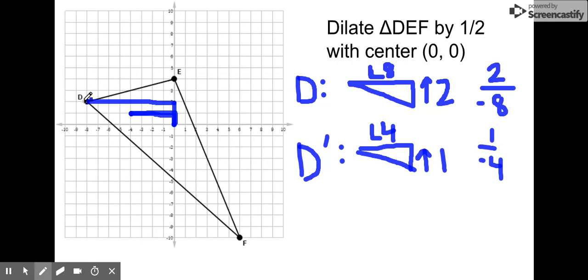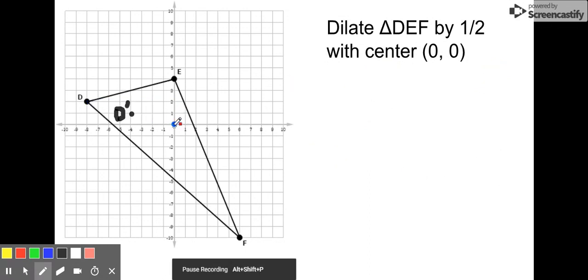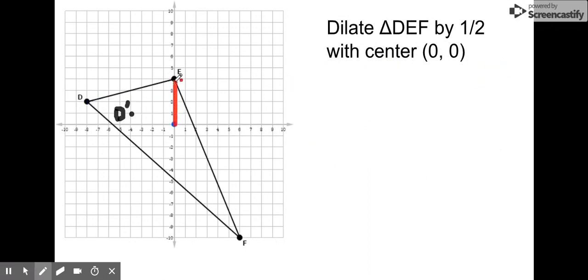Let's use a similar strategy for figuring out the coordinates of E prime and F prime. So E has us starting at the center of dilation and rising 4. And so half of that would be rising 2. So E prime would be located at 0, 2. And then F has us going down 10, right 6.